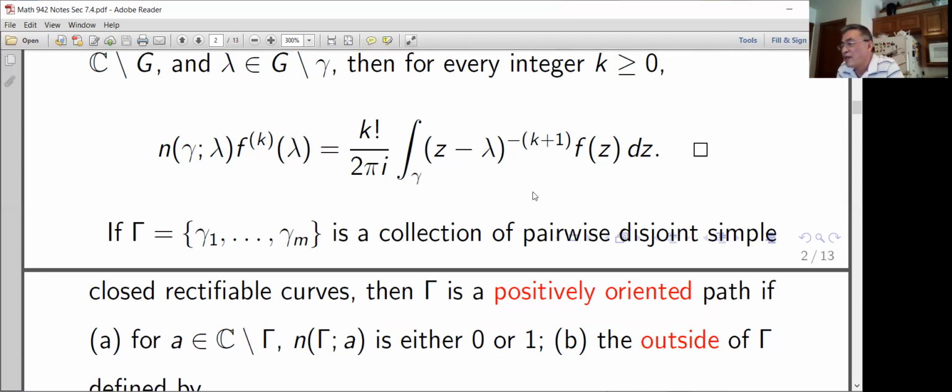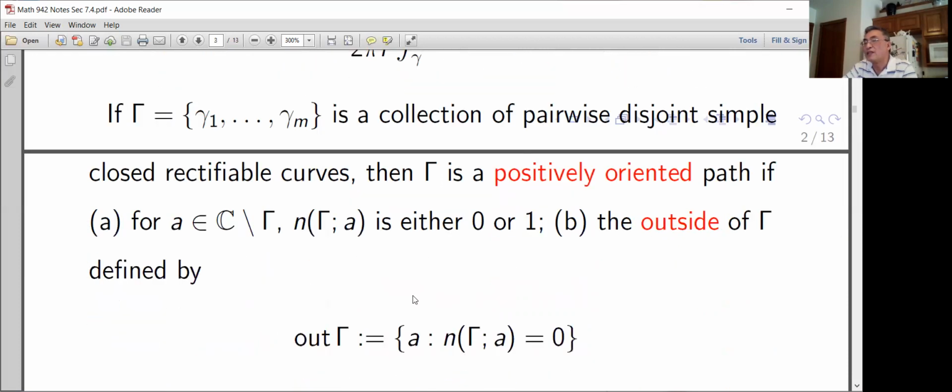B: the outside of gamma is defined by winding number 0, and the inside by winding number 1.